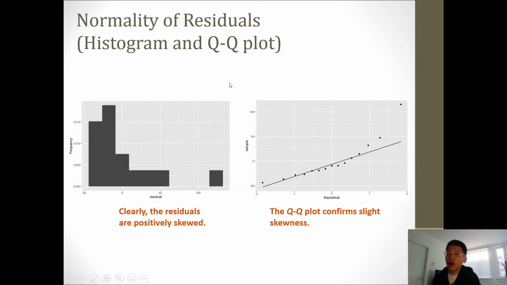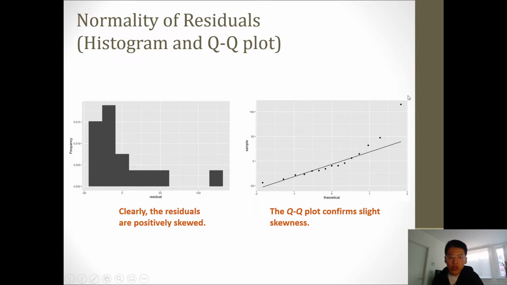Okay. Next, we're going to check the normality of residuals. There are a lot of ways to check that, and basically we're just going to visualize it with the histogram and also the QQ plot. Here you can see that the residuals are positively skewed because of the outliers on the positive side. So we have a kind of severe, positive skewness here.